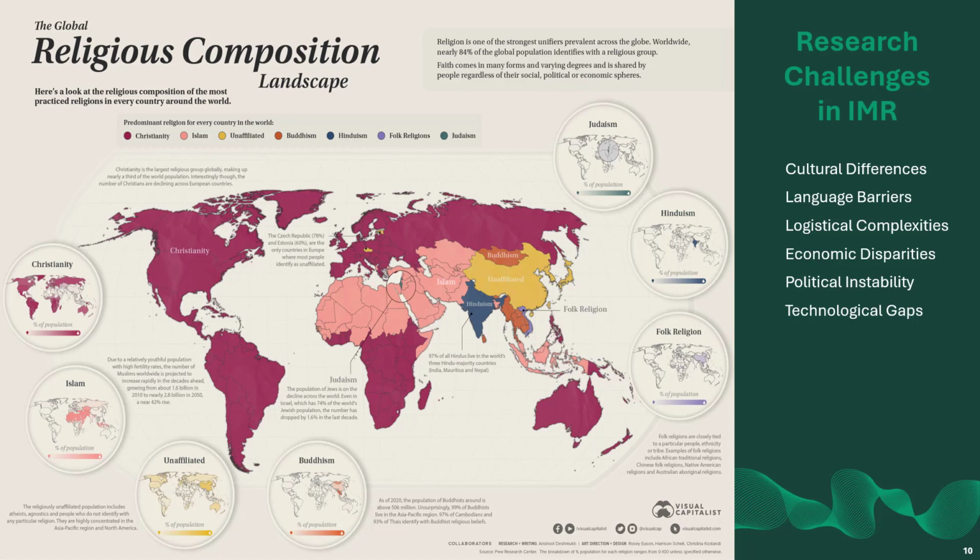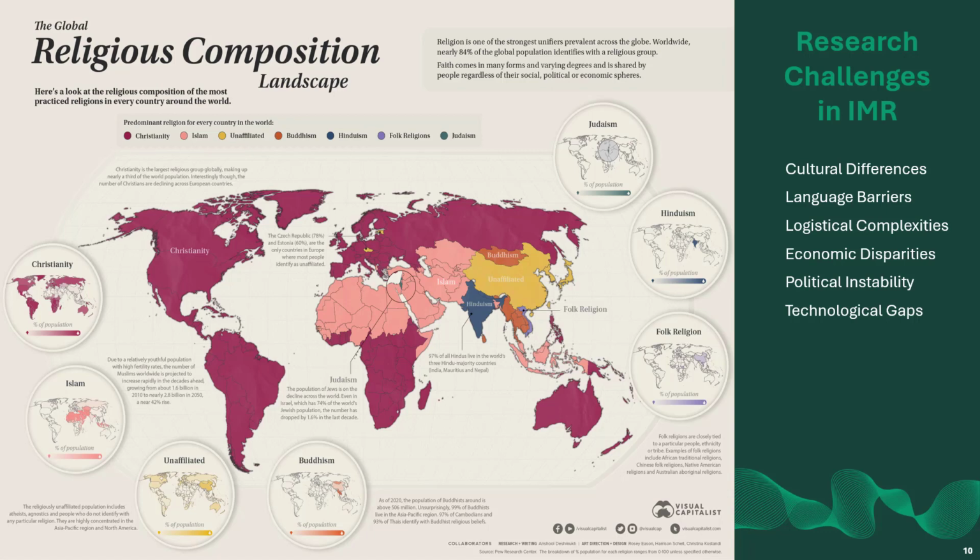Economic disparities require understanding and adapting to the varying stages of economic development and market maturity in different regions. Differences in purchasing power and economic conditions must be accounted for as they affect consumer behavior and market potential. Political instability can impact research by affecting market conditions, consumer confidence, and the feasibility of conducting research in certain regions.